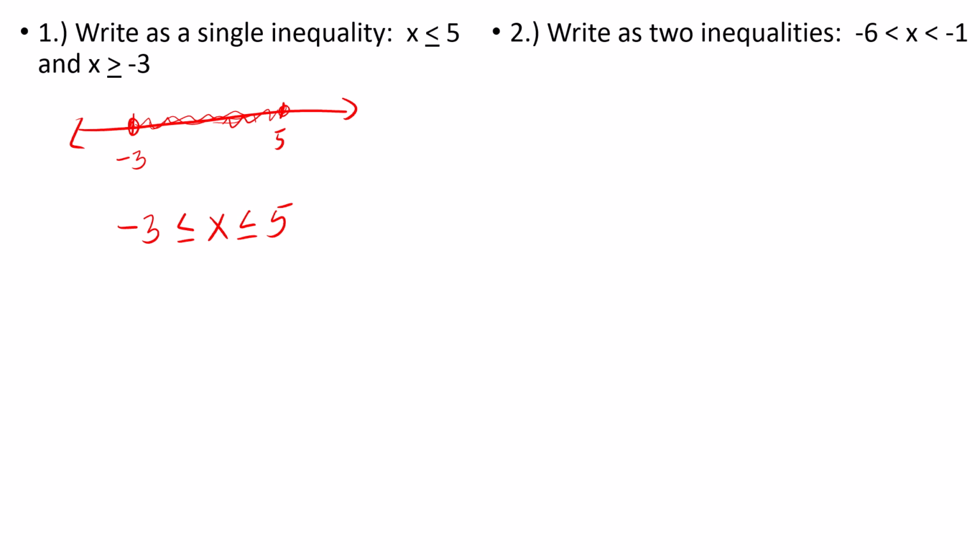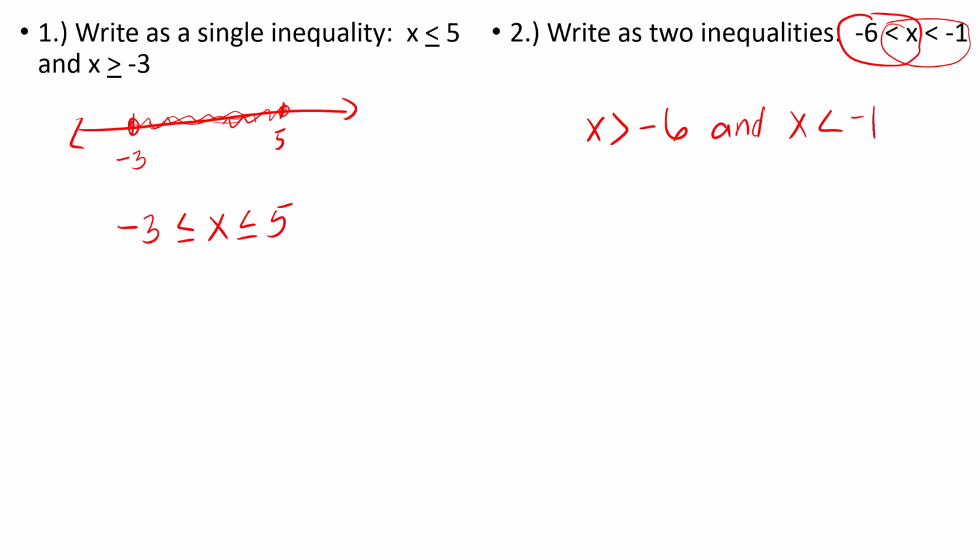Now this one is a single inequality. -6 is less than x is less than -1, and just write it as two inequalities. And so we've got this inequality right here, which we would write as x is greater than -6 and x is less than -1.